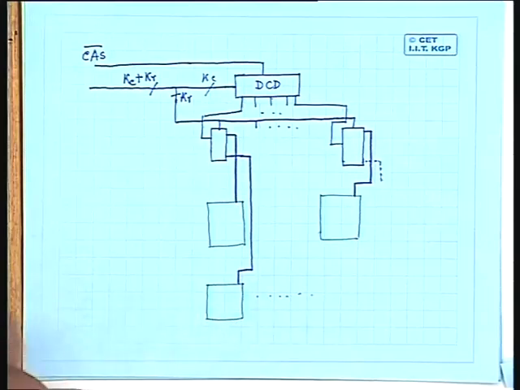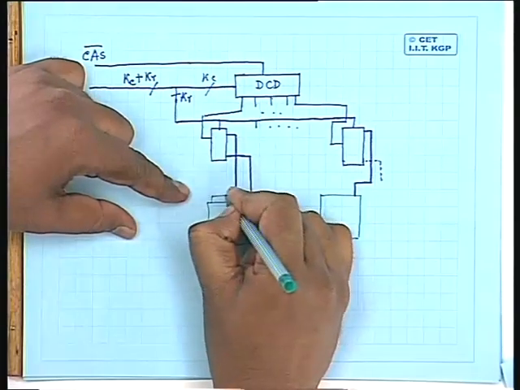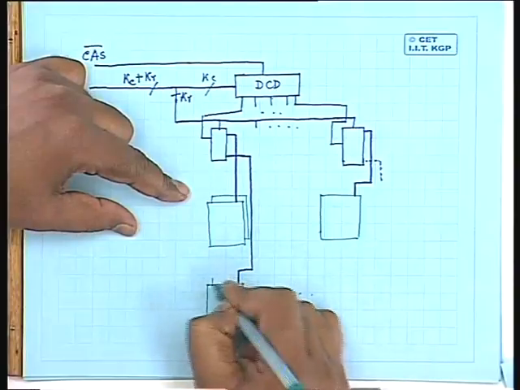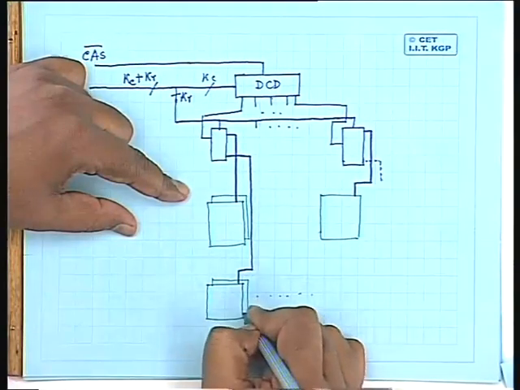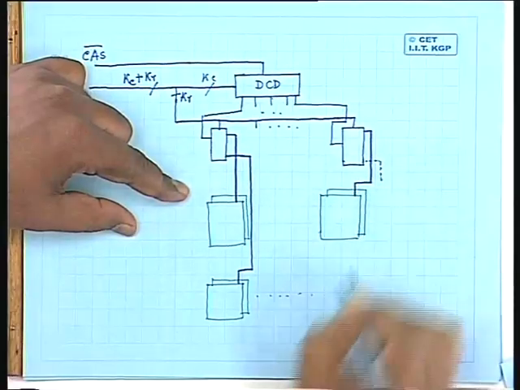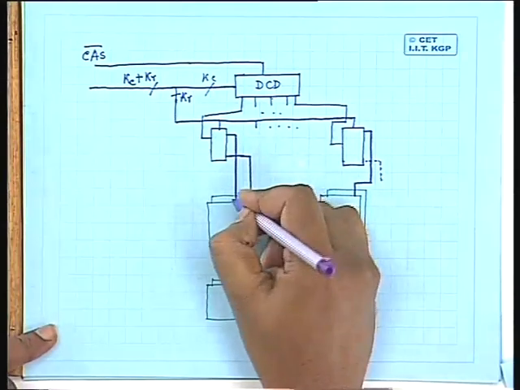And if I assume that every location in the dynamic RAM chip will be 1 bit and I want to have, say, S number of bits, then what I have to do is connect S number of such dynamic RAM chips in parallel. So it will continue this way. And CAS bar of all these dynamic RAM chips will be connected in parallel.